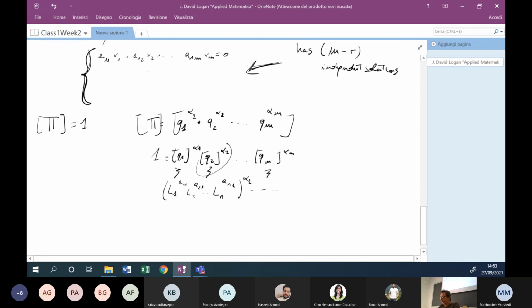The same for the second term and the third term till I reach L1 to the power a1m.